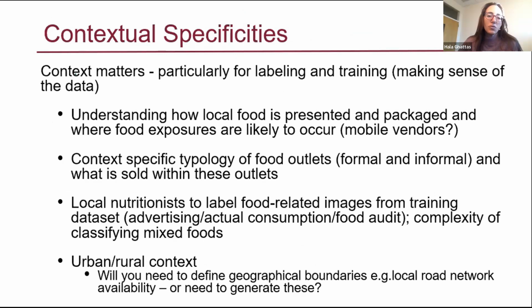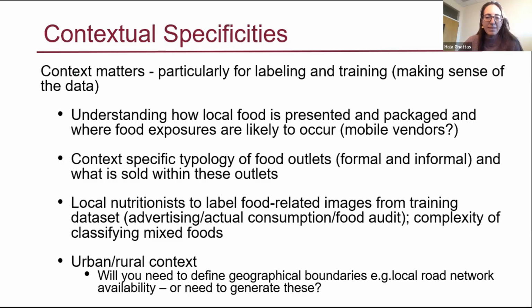As you saw with the labeling of anything related to food in many of these contexts, food takes on very different visual and cultural aspects in different contexts. So having local nutritionists to label food-related images and to help train these data sets will be extremely important.